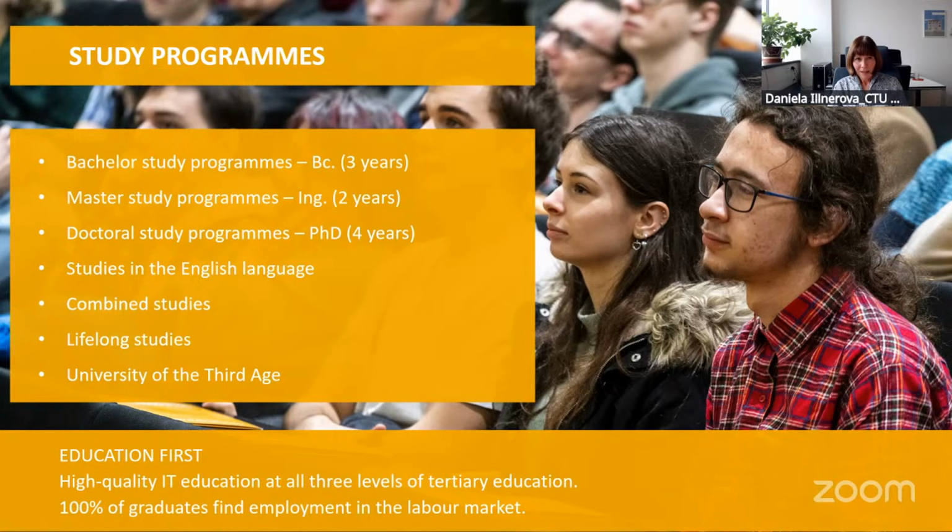About study programs, we have bachelor study programs, 3 years, master study programs, 2 years, PhD study programs, 4 years. You can enter also combined studies, but this is mostly for those who fully work or worked already and want to combine full-time work with studies.